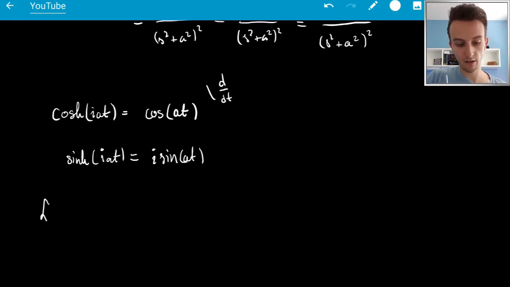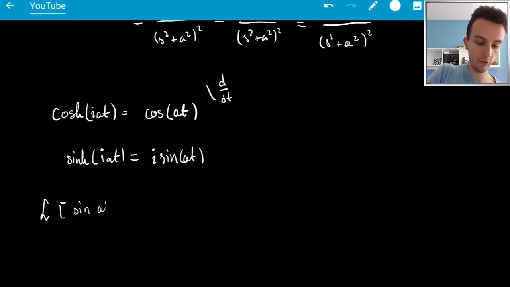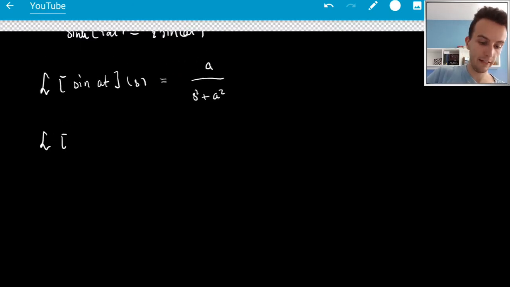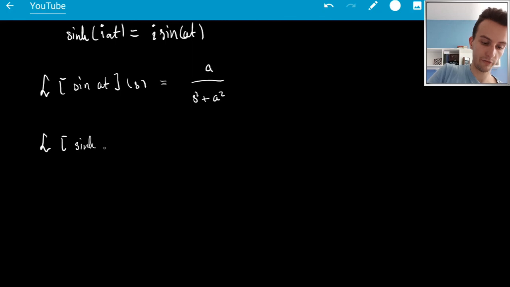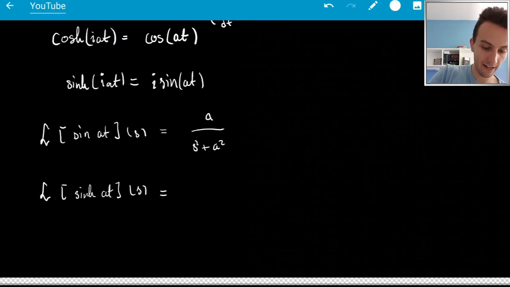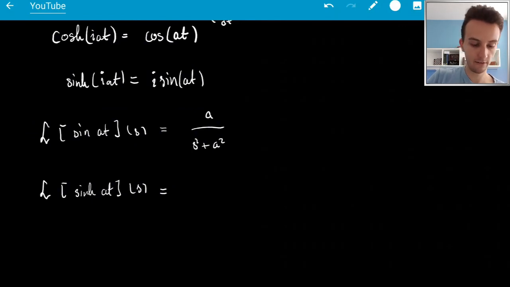So then if you know that the Laplace transform, okay, so I guess I will do it. If you know that the Laplace transform of sine at s is a over s squared plus a squared, right? That's correct, yeah. Then the Laplace transform of sinh at s will just be, so what do you do? You replace a by minus ia. You see what I mean?